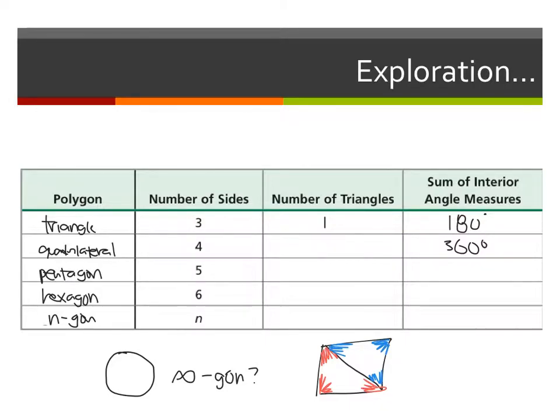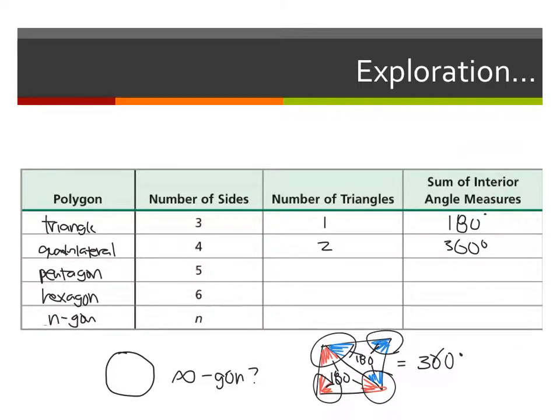What happens is that all the interior angles are composed of the interior angles of those two triangles. And since the sum of the interior angle measures of each triangle is 180, it's 180 between the three here, and 180 between the three here, the sum of the interior angle measures is 360. Because there are two triangles whose interior angles cover the interior angles of a quadrilateral.